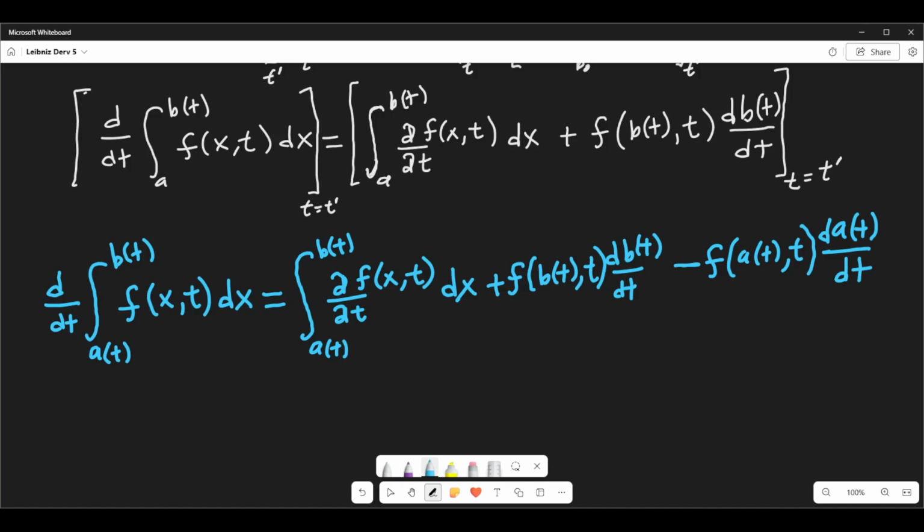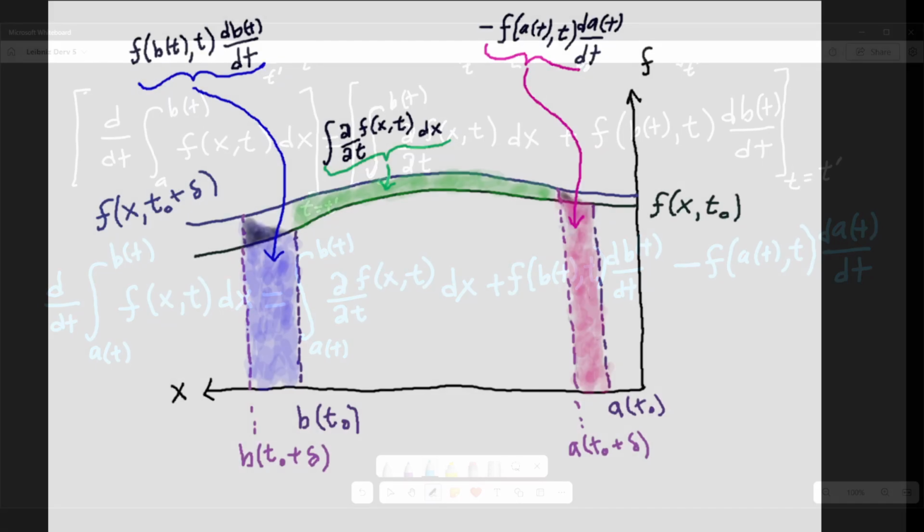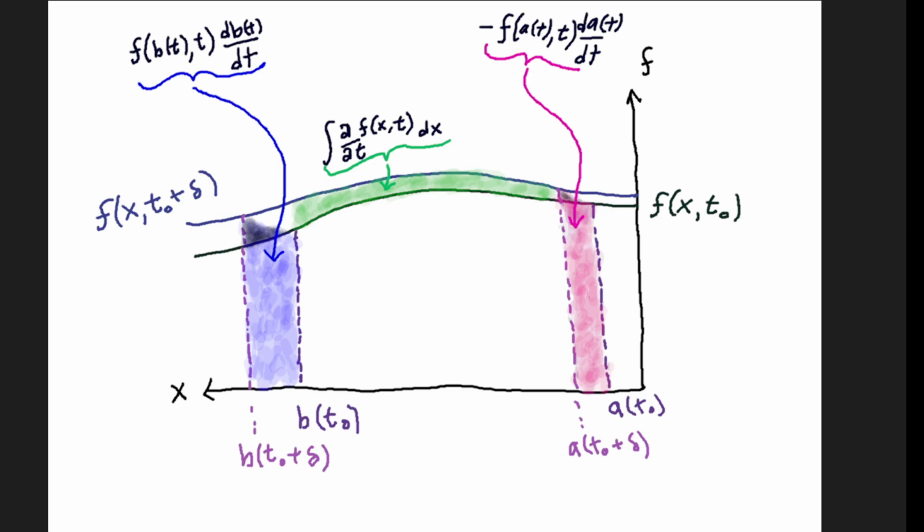So to look at this further, let me see if I'm able to find the correct slide. So basically this is the graph. This is the integral of the partial derivative of the function.